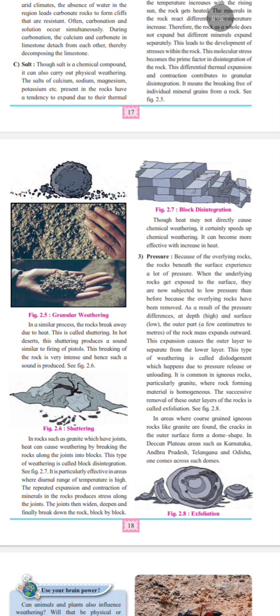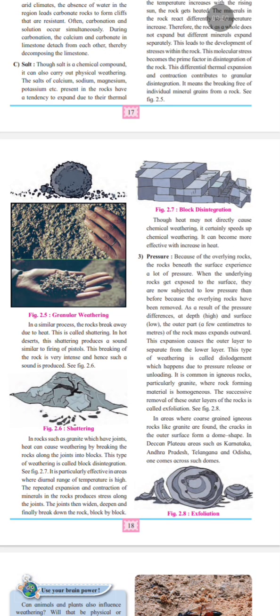A third factor affecting weathering is pressure. Rocks deep inside the earth experience enormous pressure from the rocks above them. When these upper layers are removed, the pressure on the underlying rocks decreases. The rock expands towards the surface. This pressure release causes the outer layers to separate.